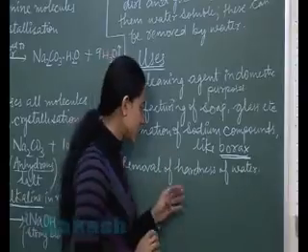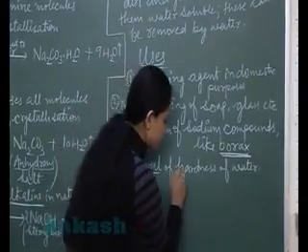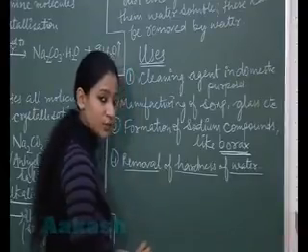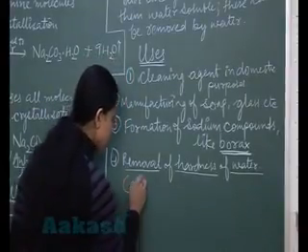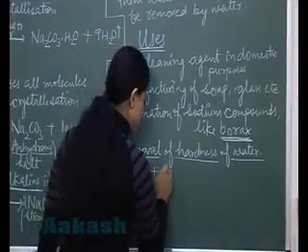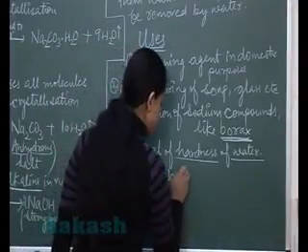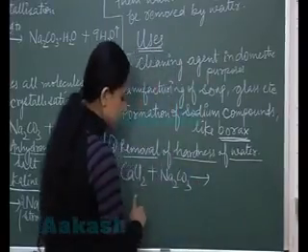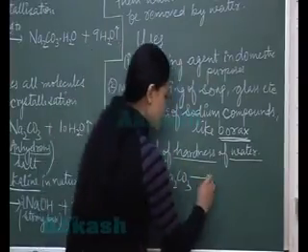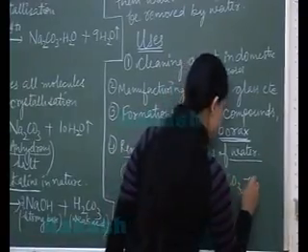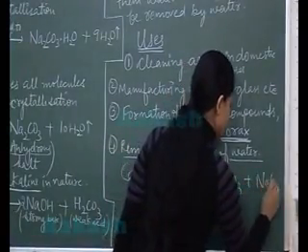So students, it is used in the removal of the hardness of water, and hardness of water is because of the soluble calcium and magnesium salts. If we have a calcium salt, which is calcium chloride, in water, and when it reacts with washing soda, students, in this case we get a precipitated salt which is calcium carbonate along with sodium chloride.